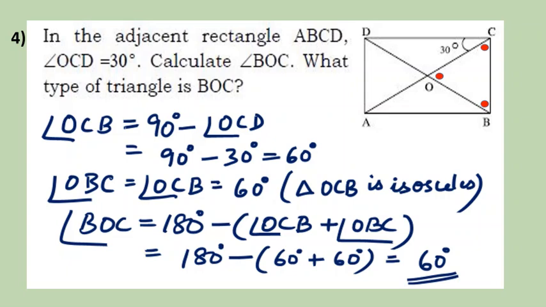The approach should be like this. 30 is given; that is a part of angle C. But full angle C is 90 degrees. We know that in any rectangle and square, the full angle is 90 degrees. So the remaining part of angle C is 60 degrees, right?